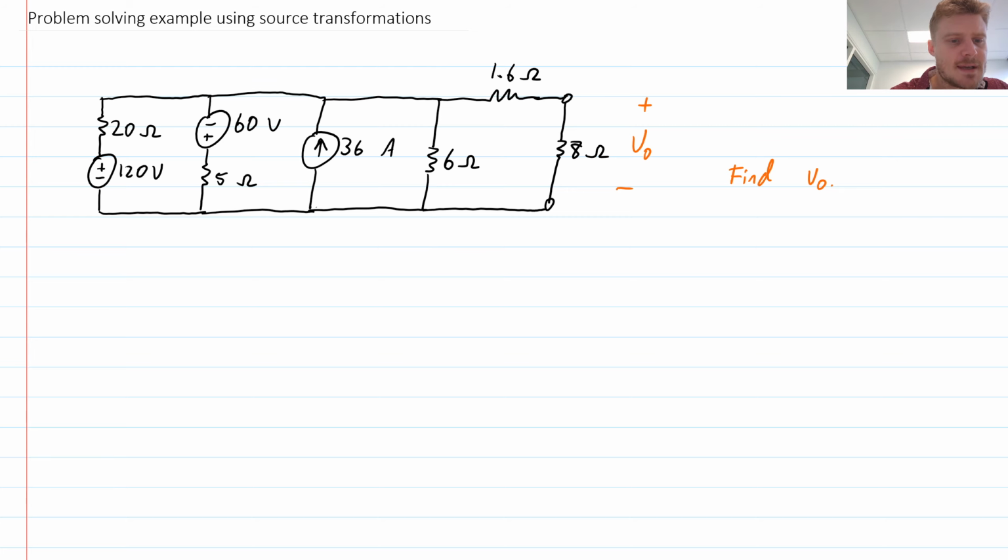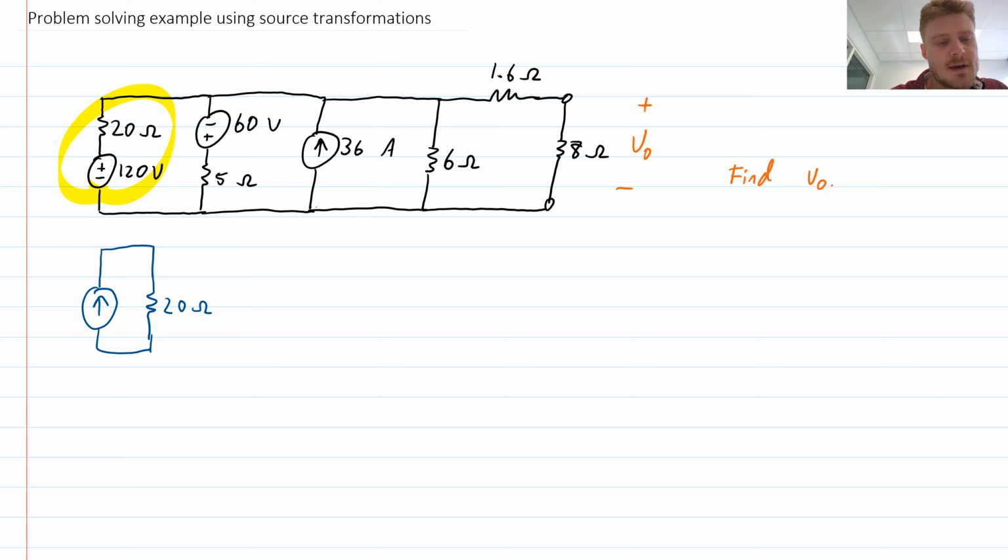In particular, I can take my first branch, this bit here, and turn that into a current source, which will be in parallel with a resistor. The resistance stays the same, so it's going to be 20 ohms.